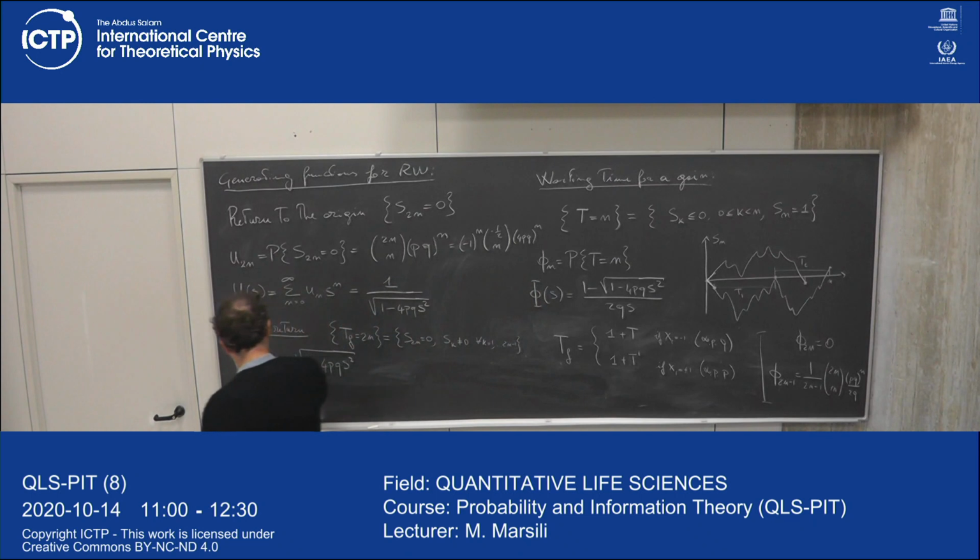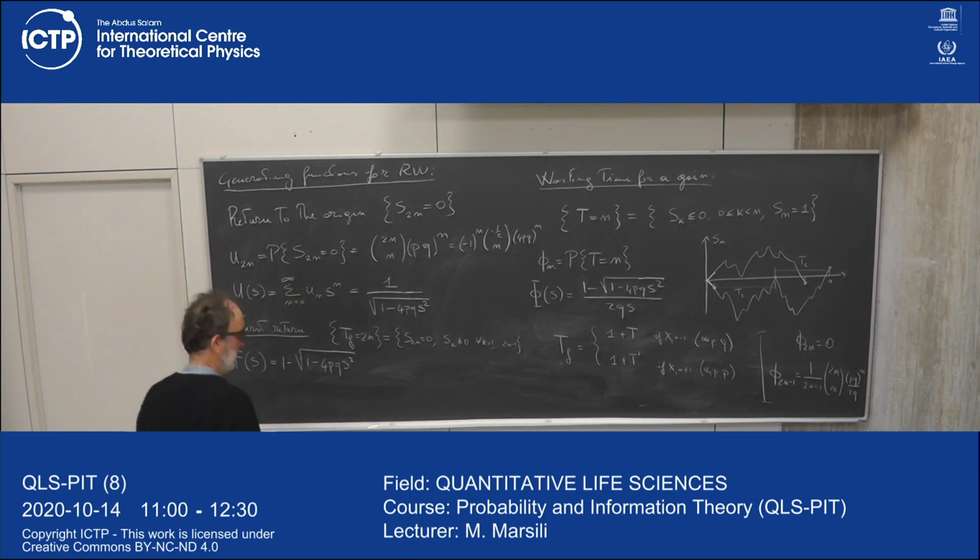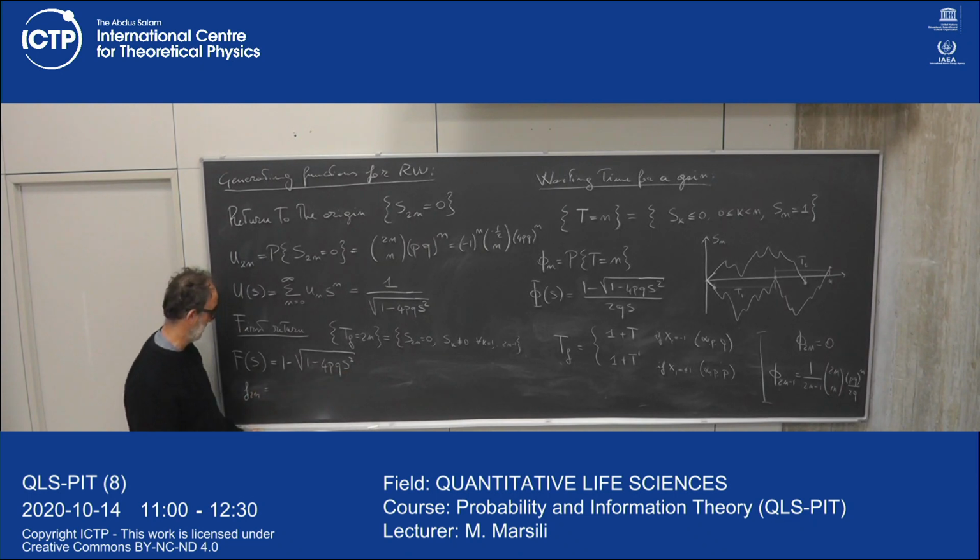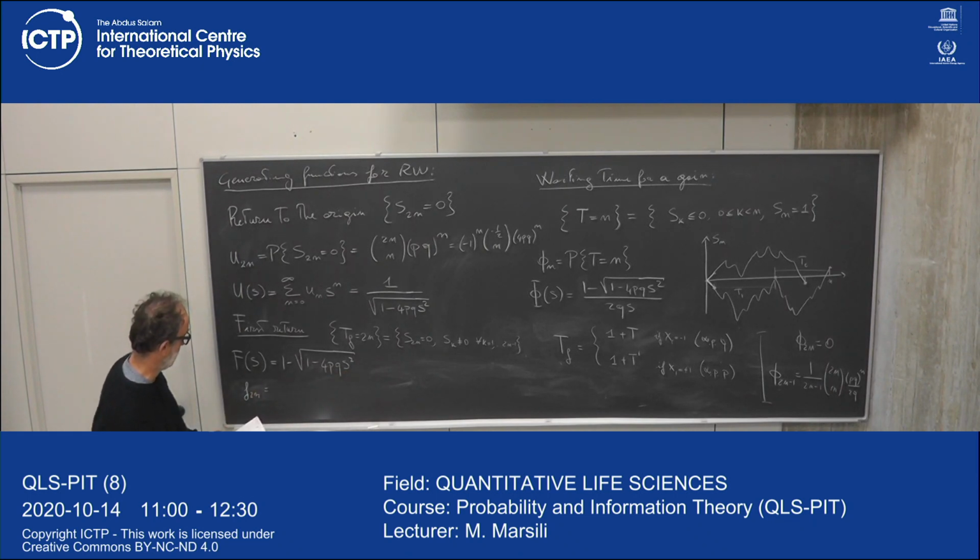So the expression for the probability f2n, this power expansion only contains even powers of s, so this means that you can only return to the origin after an even number of steps.